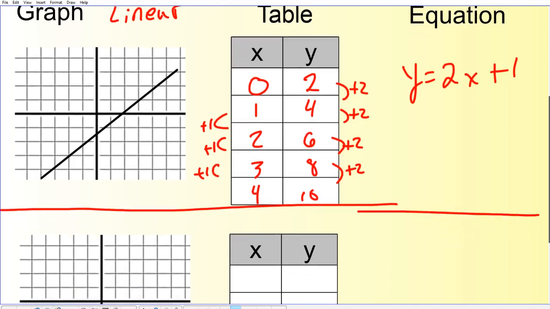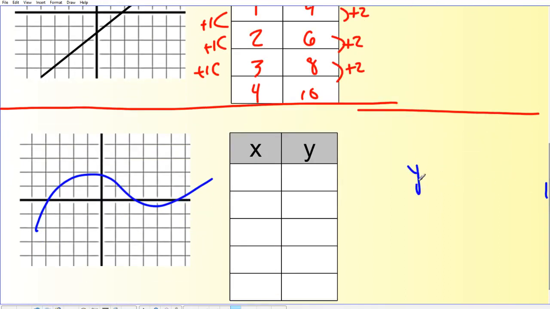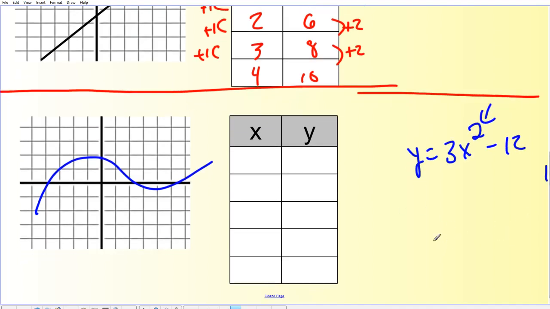Now, as far as making these guys nonlinear, well, there's nonlinear. And to make your equation nonlinear, y equals 3x squared minus 12. You just add an exponent. Now it's nonlinear. Guaranteed nonlinear if you put an exponent on your x. And to make your table nonlinear, well, you just make up some random numbers, but just make sure it's still a function.